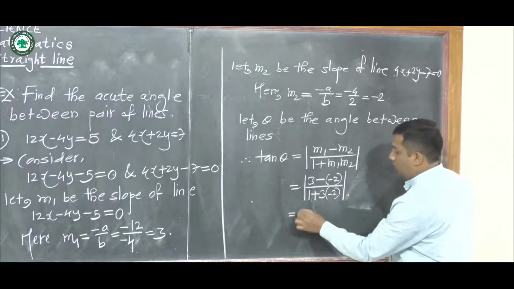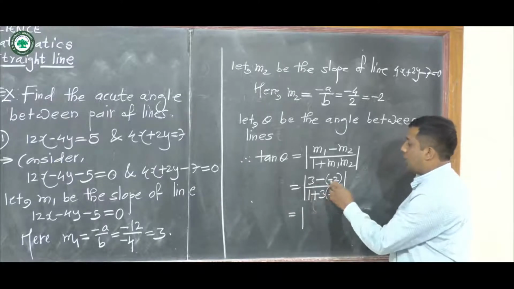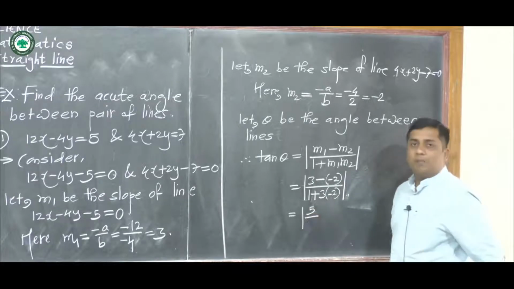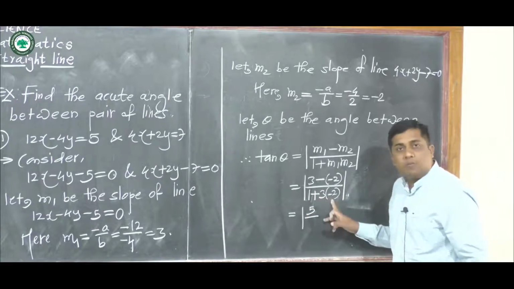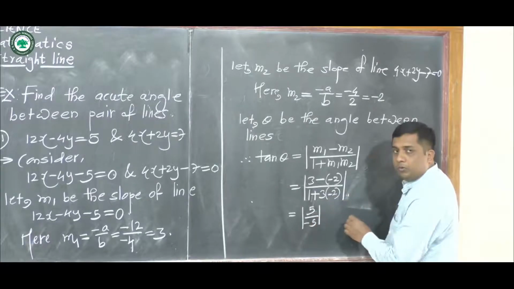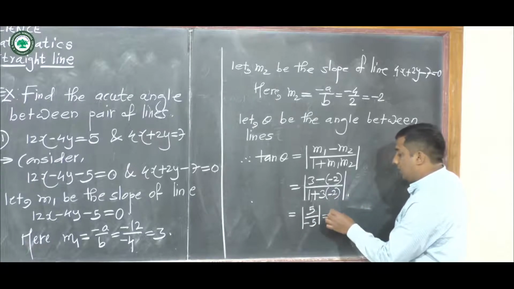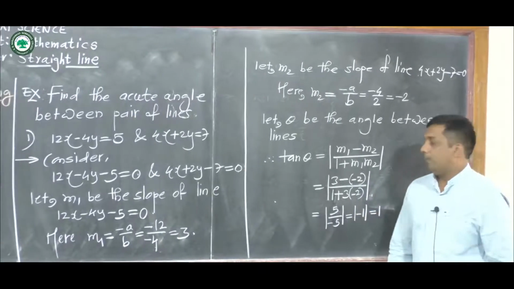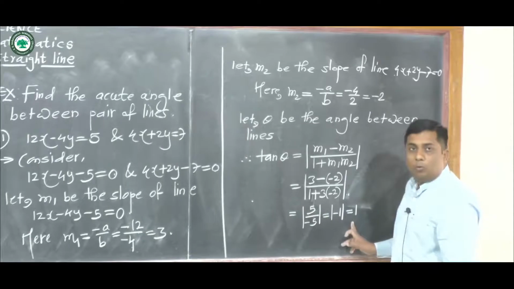This is equal to, minus of minus is plus, so 3 plus 2 is 5, divided by, we know 3 into minus 2 is minus 6, and 1 minus 6 is minus 5. Then we get mod of minus 1, and this is equal to 1. We get tan theta is equal to 1.